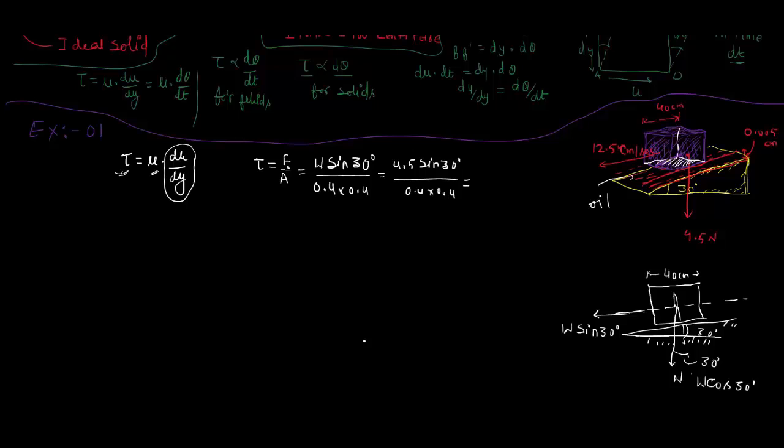So for the calculation purpose, I'm saying that this velocity gradient is a linear profile. What is the sense of linear profile?